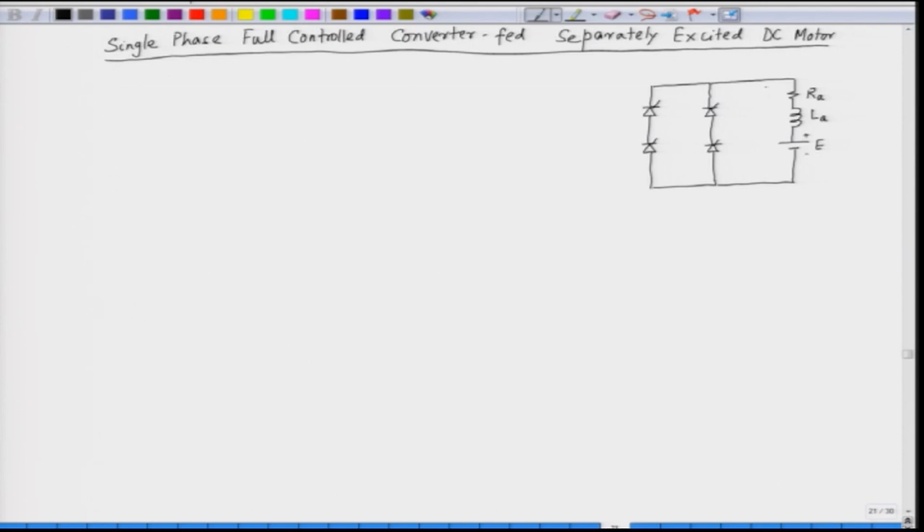This is the representation of the motor, which we call the armature of the DC motor.